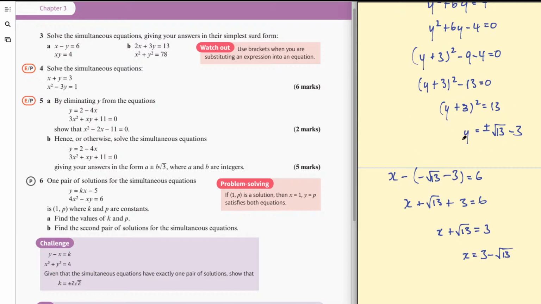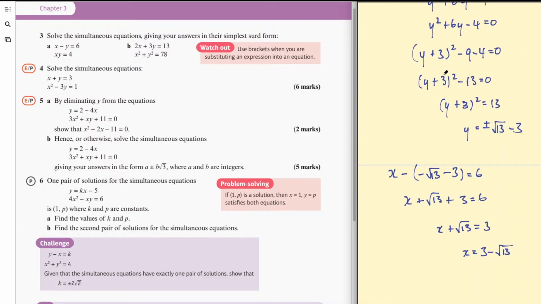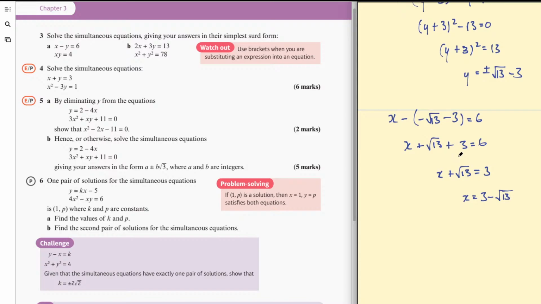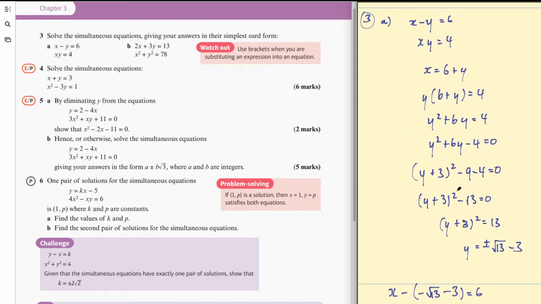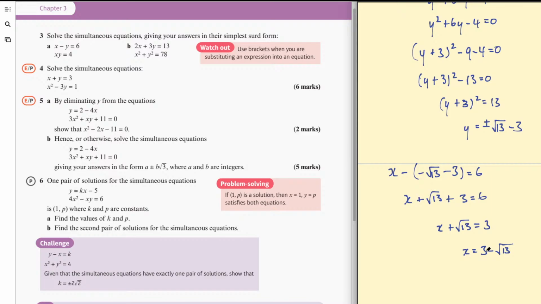This is kind of interesting. I don't think I've done this with surds much before. Just wondering why it was 3. So positive 3 take root 13 of x is negative root 13 take 3.